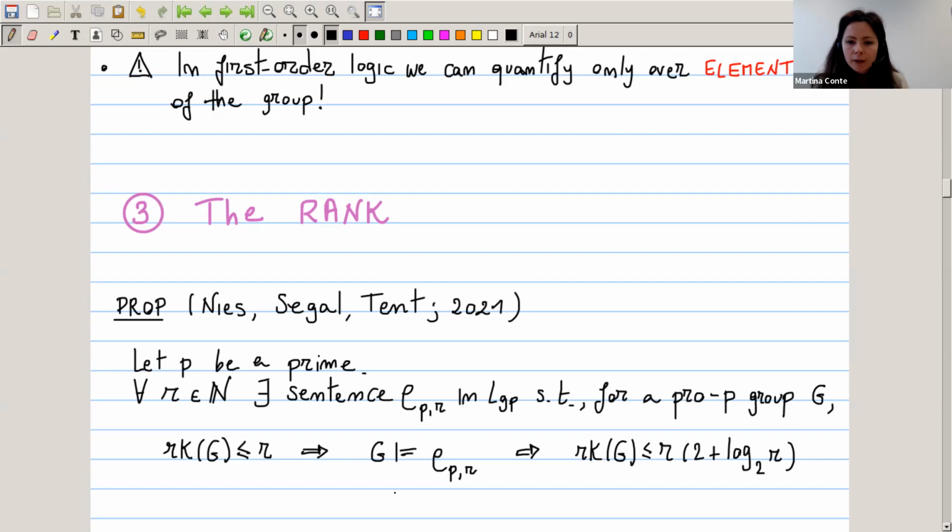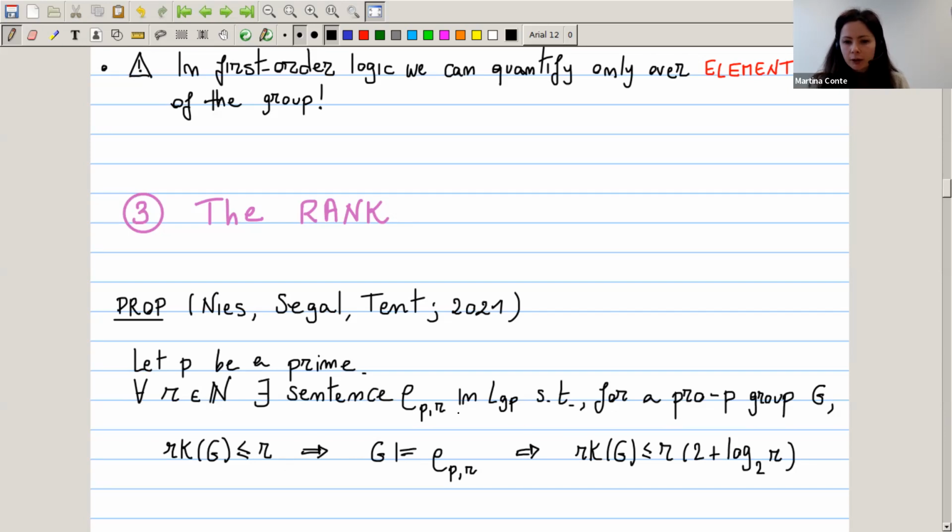And conversely, if G is a pro-p group that satisfies this formula, then its rank is bounded by a function of R. The specific function is R times (2 plus log base 2 of R).